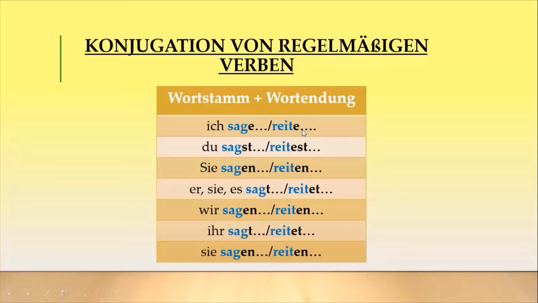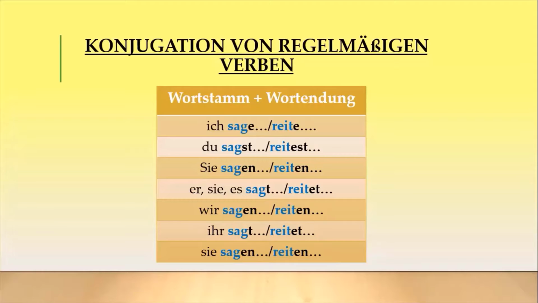Reiten means to ride, and to ride a horse, for example. So, ich reite, du reitest, er, sie, es reitet, wir reiten, ihr reitet, and sie reiten.